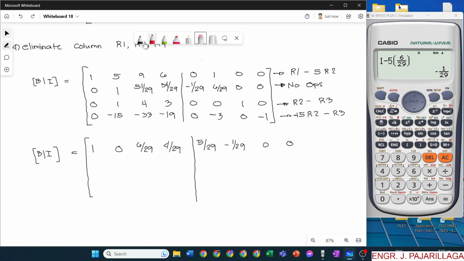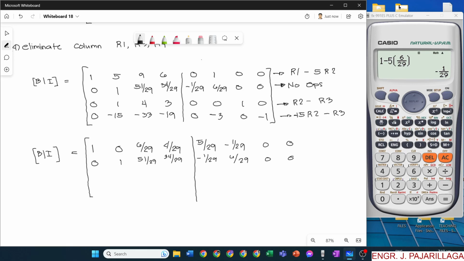Ay, sulat na lang natin. Nahihirapan. 0, 1, we have 51 over 29. And then we have 34 over 29. Then we have negative 1 over 29. 6 over 29. And then we have 0, 0.